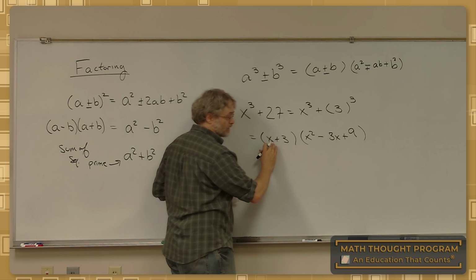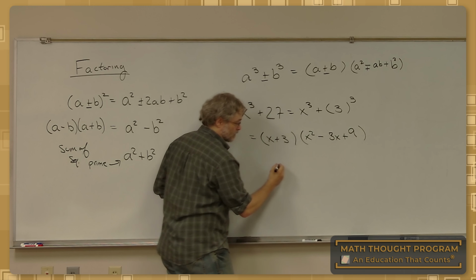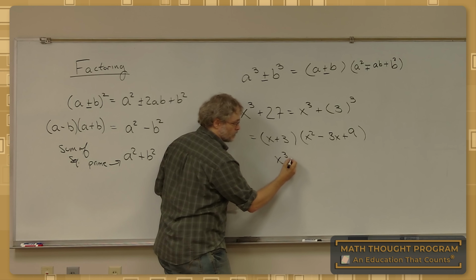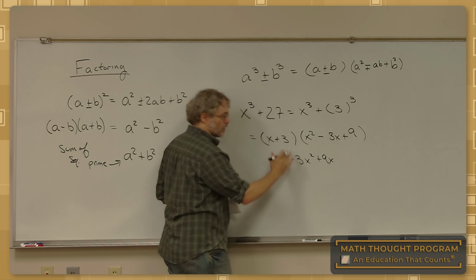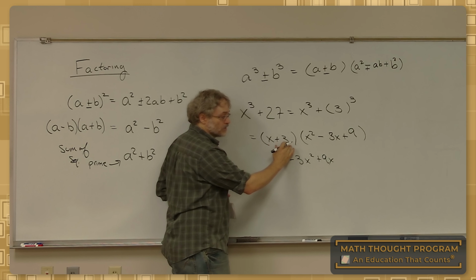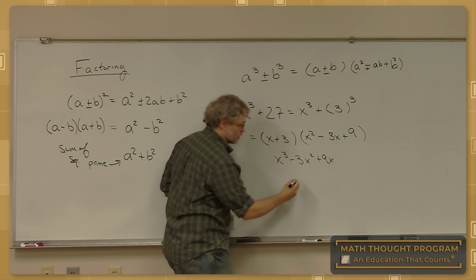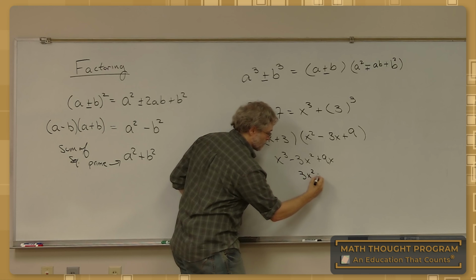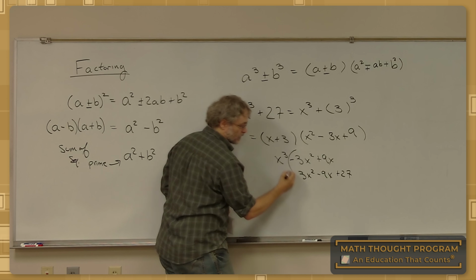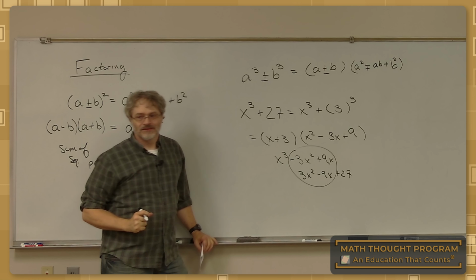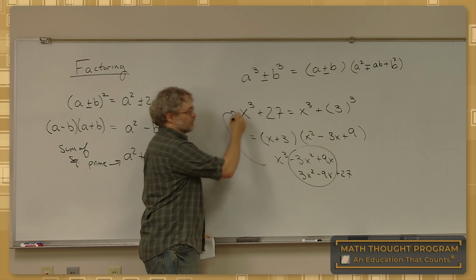So here we'd have x times x squared minus 3x plus 9. Then multiply by the 3. 3 times x squared minus 3x, and then the 9. And once you look at that, those terms go away, and you're right back to where you started.